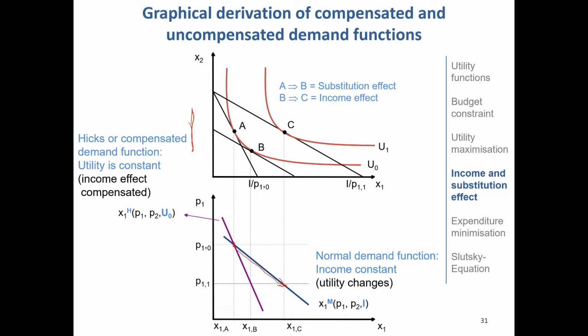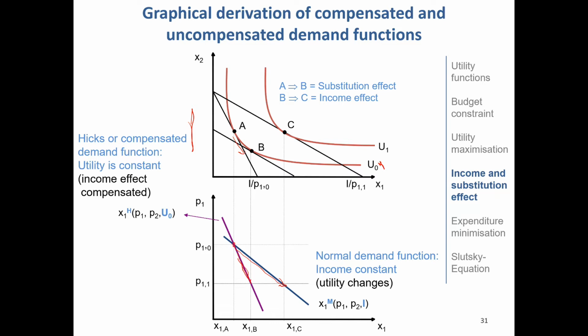Because the idea is we try to keep the person on the same level of utility, or the same indifference curve, here U0, right? When A moves to B, there's a shift in the maximizing point from A to B. Then on this compensated demand, it moves from X1A to X1B, right? That's what we're interested in.